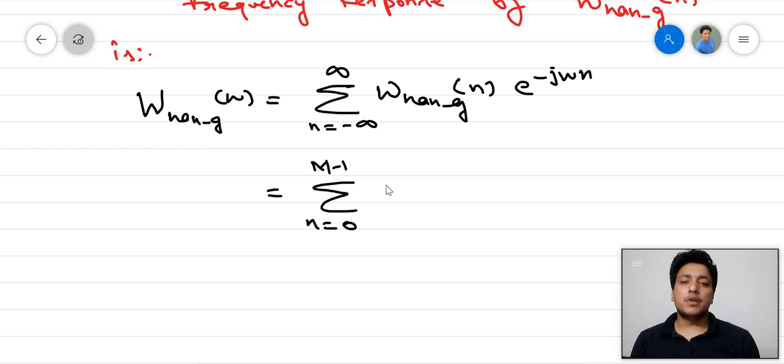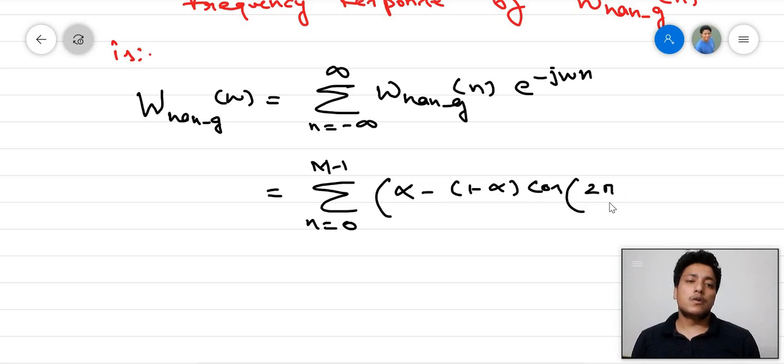Over this part, the value of the function is alpha minus (1 minus alpha) cos(2 pi n over M minus 1), times e^(-j omega n).